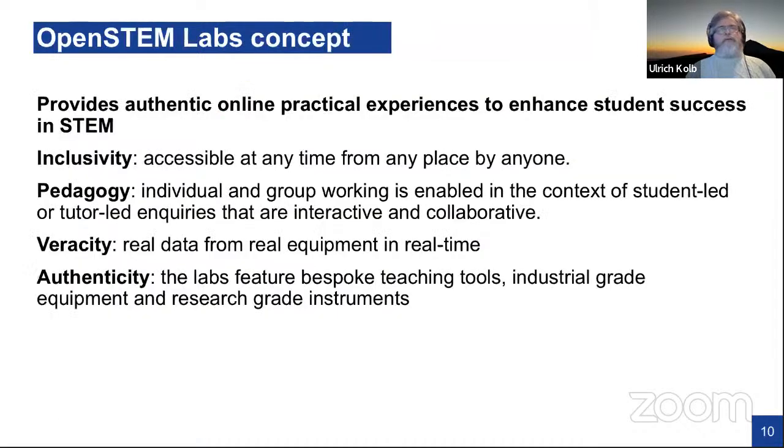All of this is done in order to provide practical experience for students in an inclusive way. Students can access this at any time, anyone, so there's no need to go to a lab.